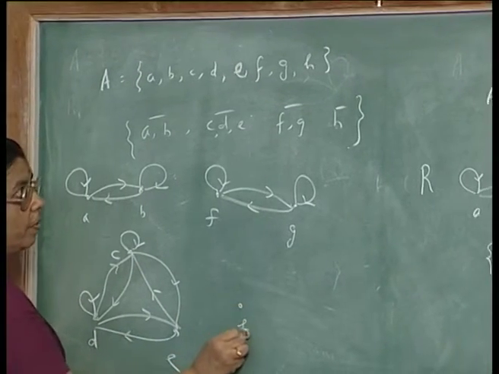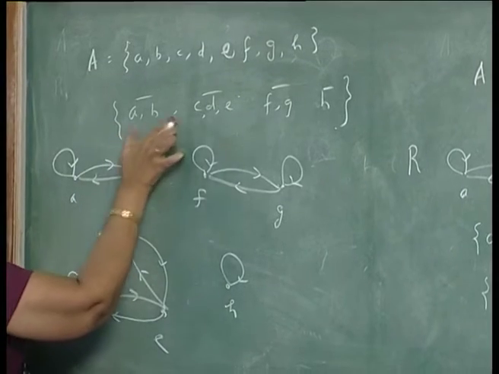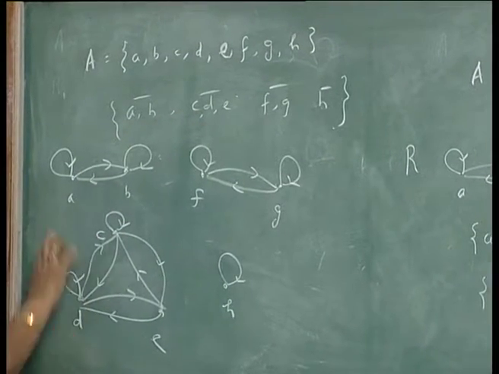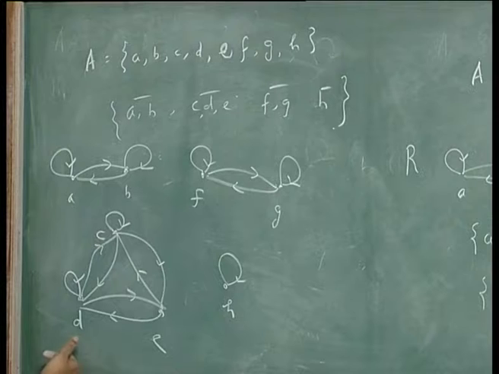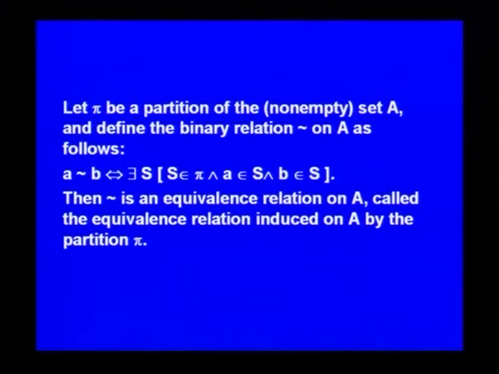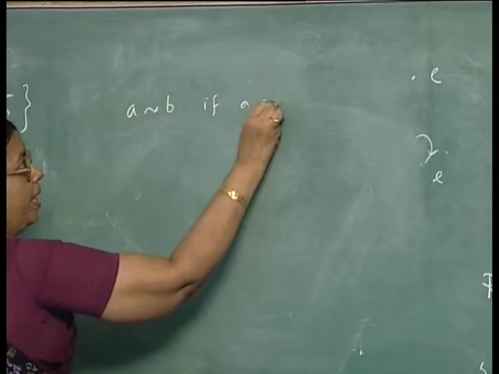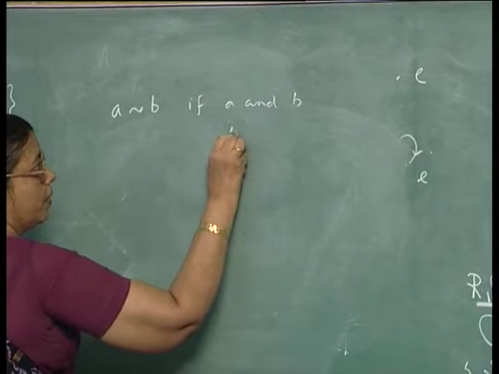And H alone is one equivalence class. Okay. So, this partition induces this equivalence relation on the set A, and formally if we define this, you say A is related to B if A and B belong to the same block.